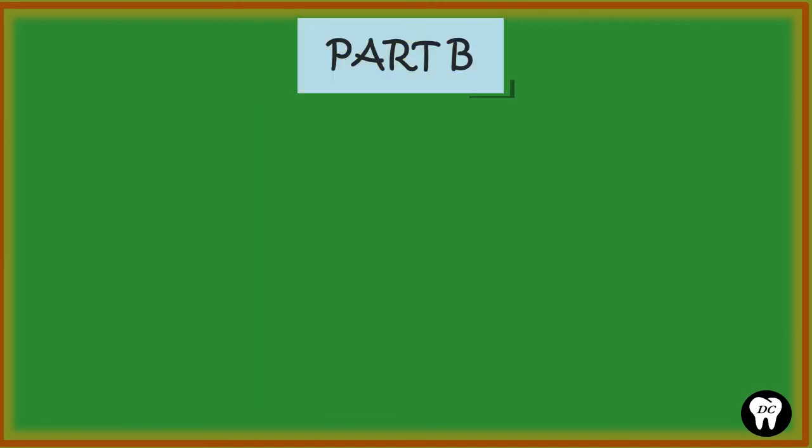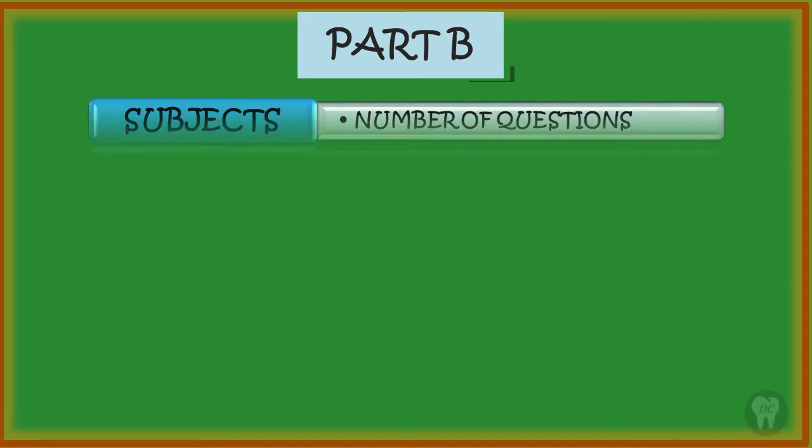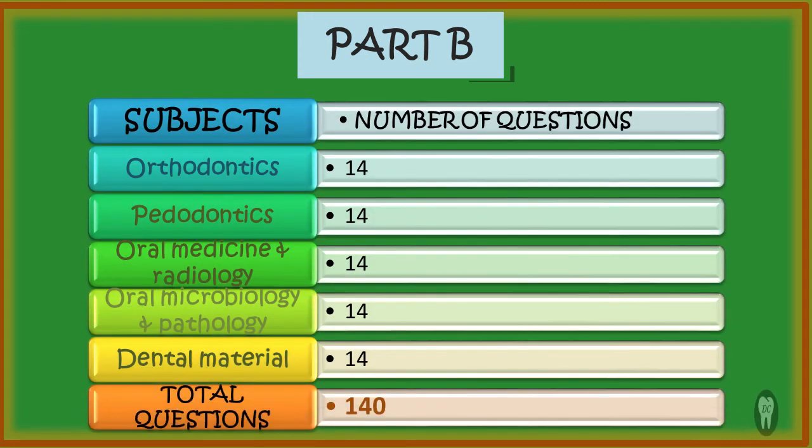In part B, we have the following subjects: public health dentistry, periodontology, maxillofacial and oral surgery, prosthodontics, endodontics and conservative. From all these subjects, you will get 14 questions each. Then we have orthodontics, periodontics, oral medicine and radiology, oral microbiology and pathology, dental materials.